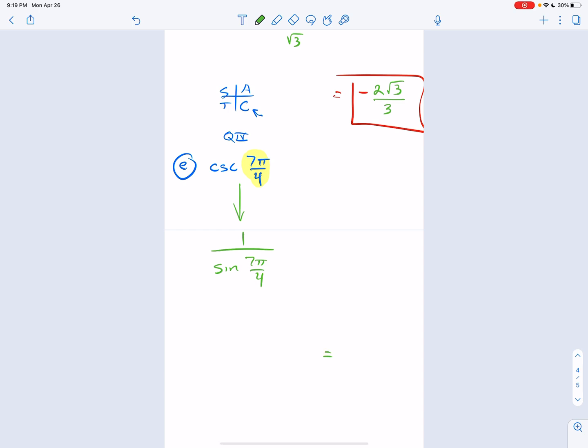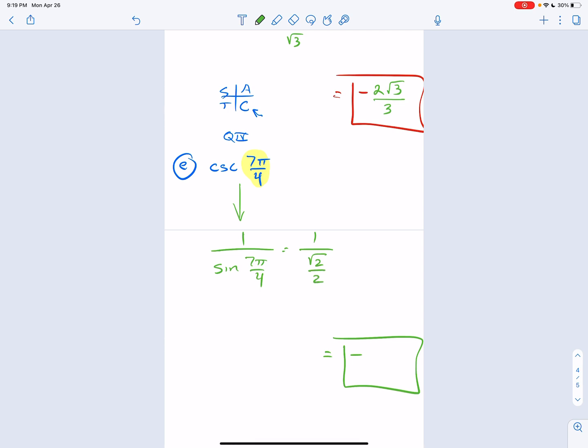So I know my final answer is going to be something negative. All right. I know that the sine of pi over 6 is 1/2, but more easily, whether it's sine or cosine, anything over 4 is some version of radical 2 over 2. So this is going to be 1 over radical 2 over 2.